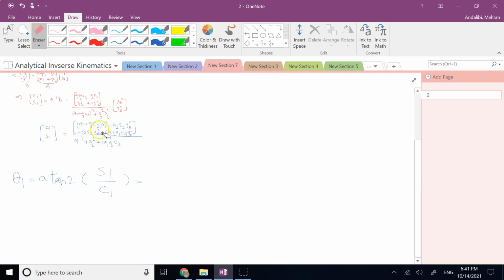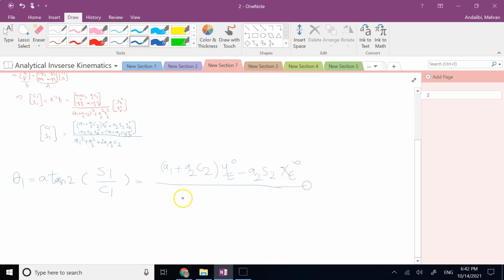Because this one is sine, that one is cosine. So this bottom one is sine, the top one is cosine. They both have the same denominator, so when you divide, that denominator is going to go away, and you clearly see that you will get the exact same thing here.